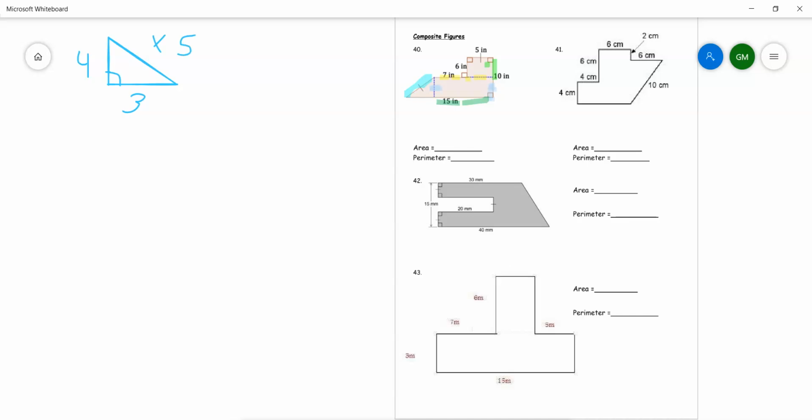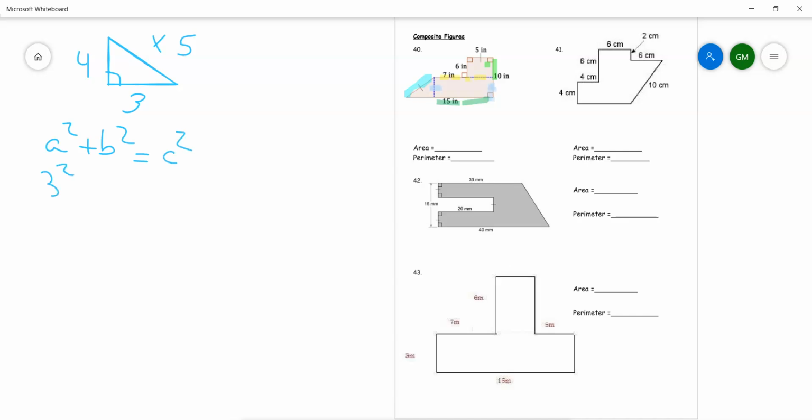is 5. That's a Pythagorean triple, and you should know that by default. That's something you should have memorized. However, should you not have that memorized, we always know that a squared plus b squared is equal to c squared.